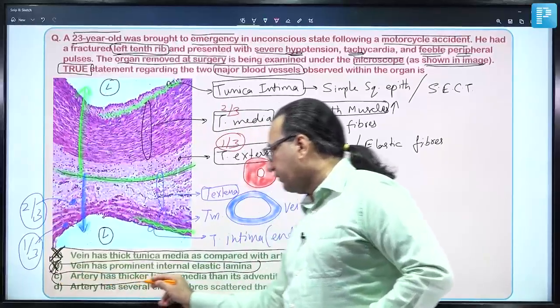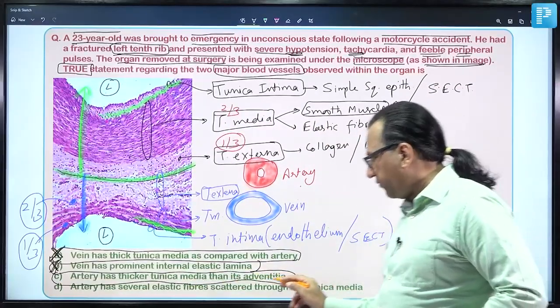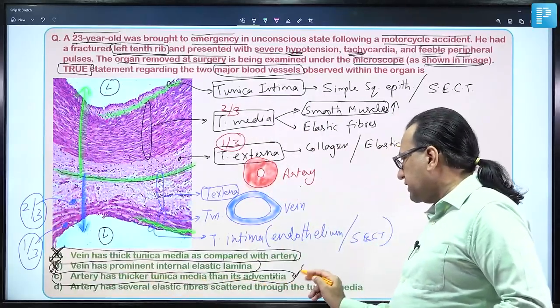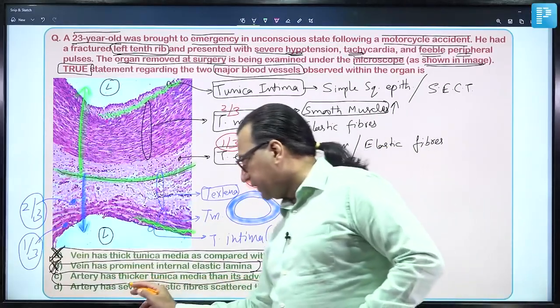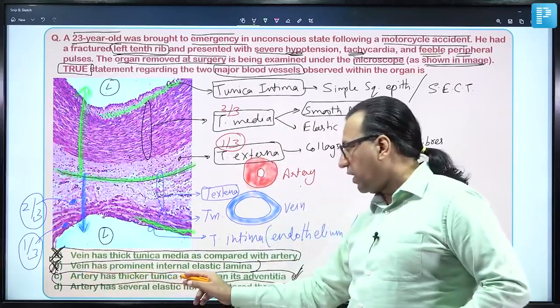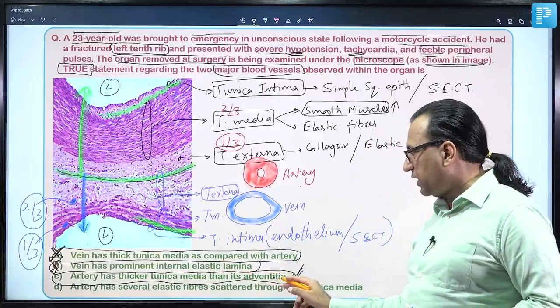Now, if B is also a wrong statement, what about choice C? Is the artery having thicker tunica media than its adventitia? For that, I can say it is a correct statement because we have already seen the ratio in an artery: tunica media is 2/3 compared with tunica adventitia 1/3.